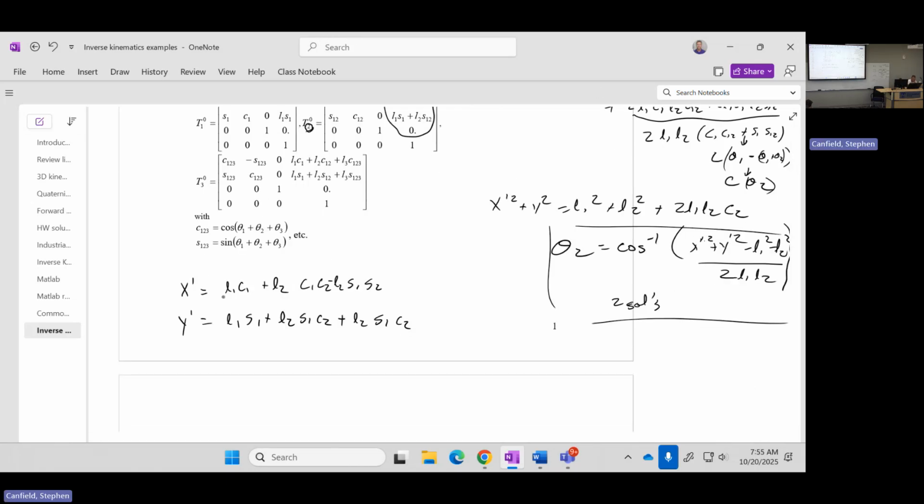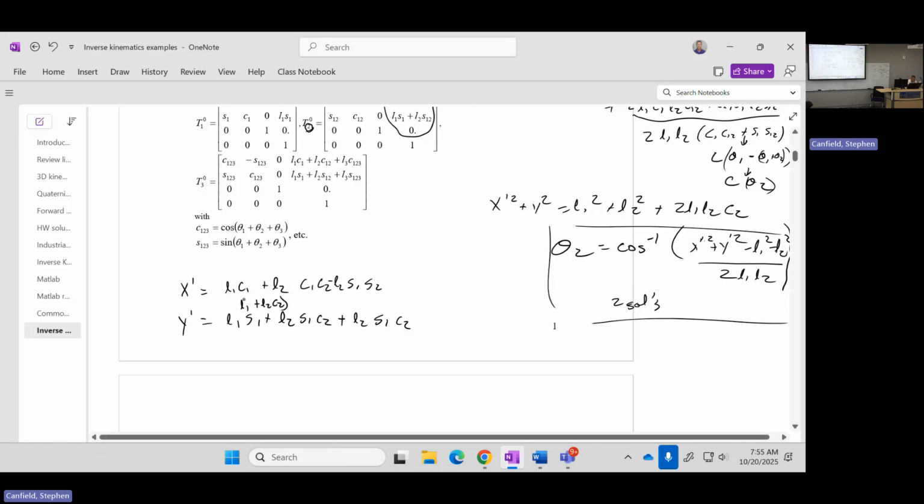I'm going to combine these things. This is going to give me L1 plus L2 cosine theta 2, times cosine theta 1. It's going to give me a minus L2 sine theta 2 sine theta 1.